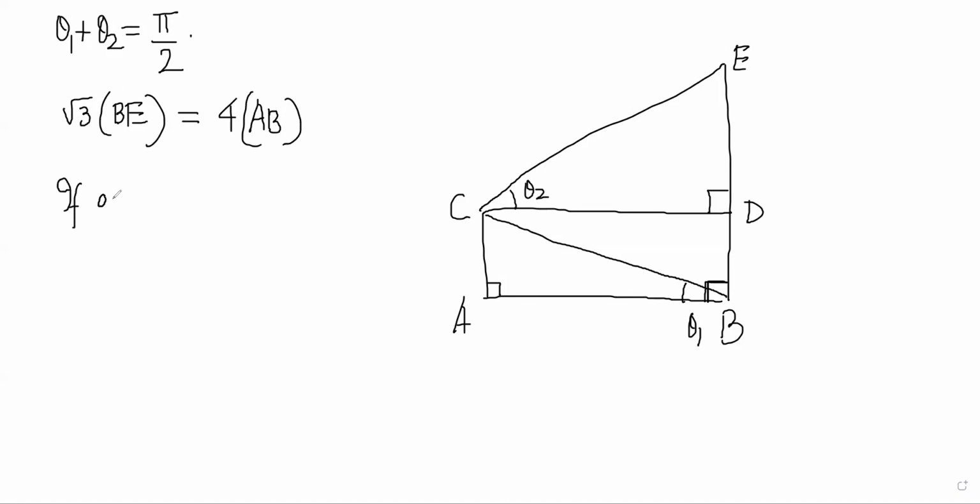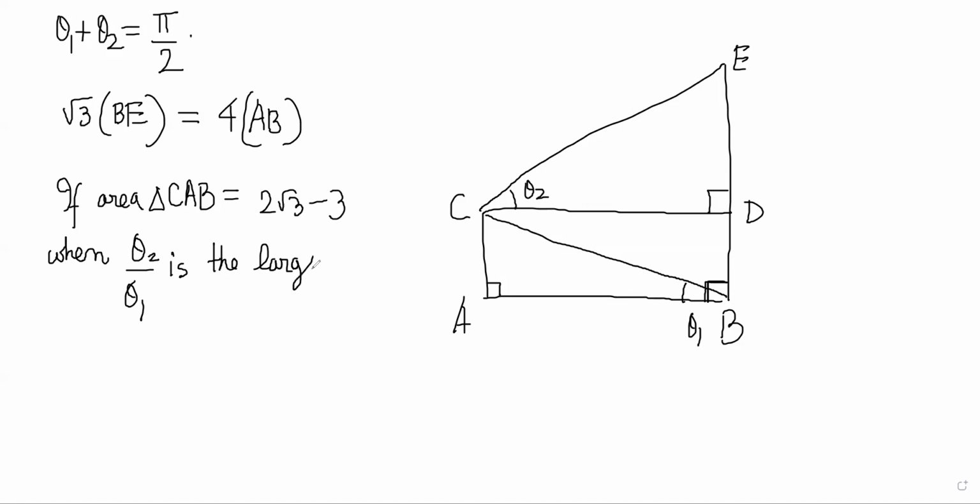If area of triangle CAB is equal to 2 root 3 minus 3, when theta 2 by theta 1 is the largest, then the perimeter of triangle CED is equal to what?